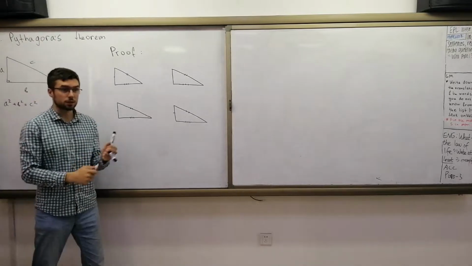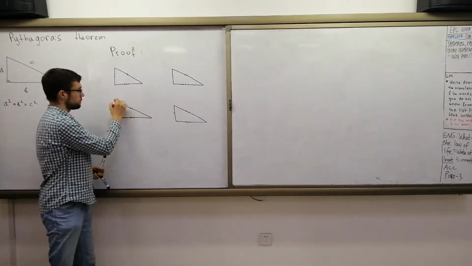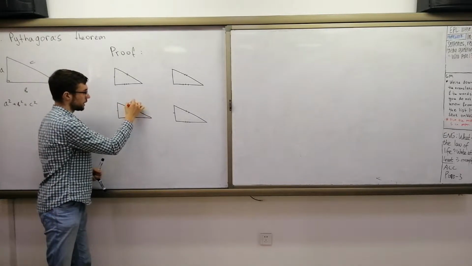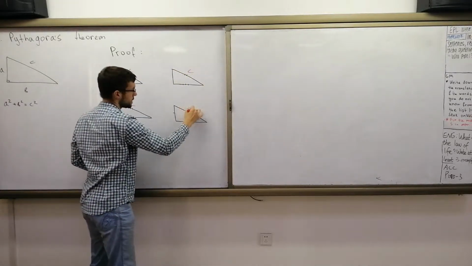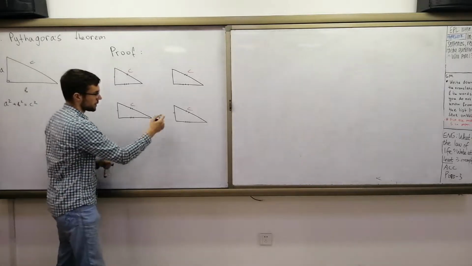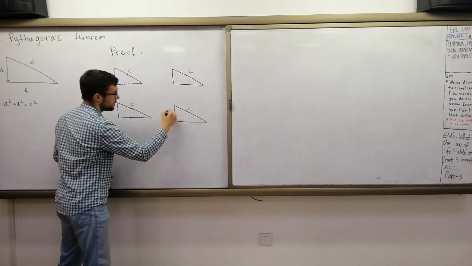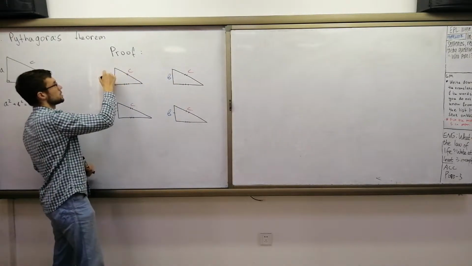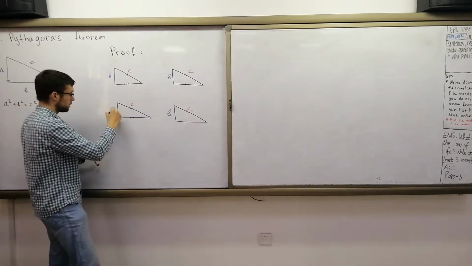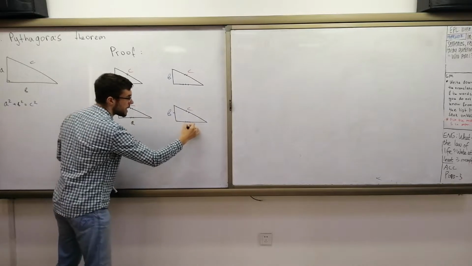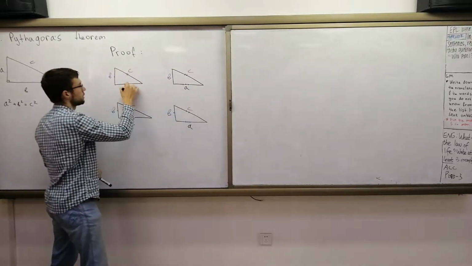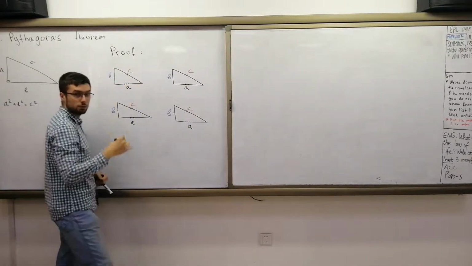And let me mark the sides. Let me mark the biggest side here, which we call hypotenuse, as C. So this is side C. Let me label this side as B. Let's say this is going to be equal to B. And finally, the third side I'll label as A. A, right? So now I have four equal triangles.